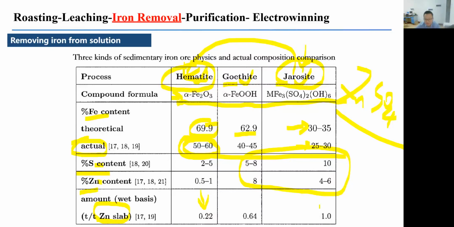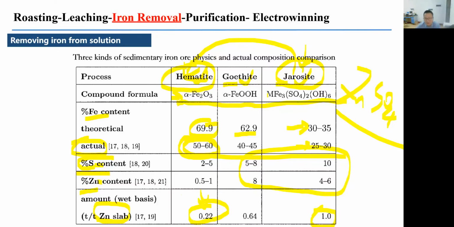And if we are using this one, around 1 ton jarosite will be produced. So when we are taking the zinc hydrometallurgy industry in China as an example, we'll find out that more than 1 million ton of zinc precipitate has been processed, and the number ranged from 1 million to 6 million ton per year, and has some sulfur, some acid.